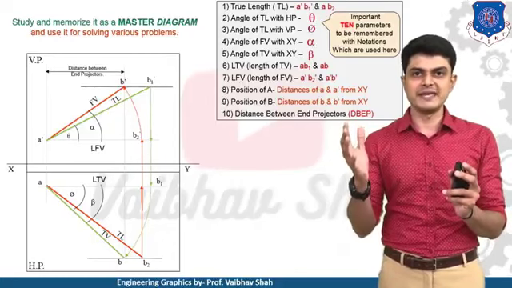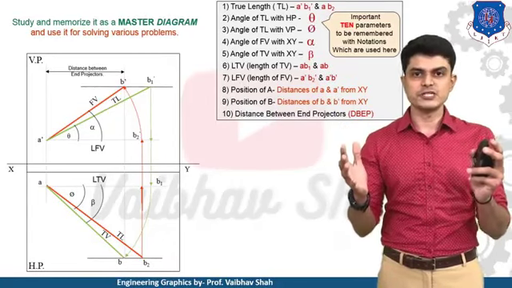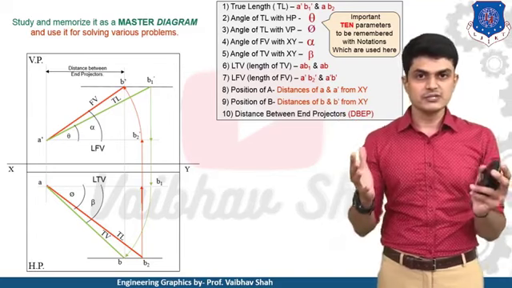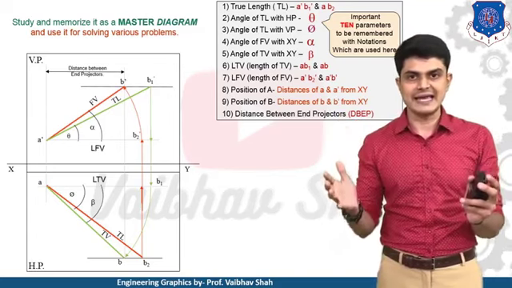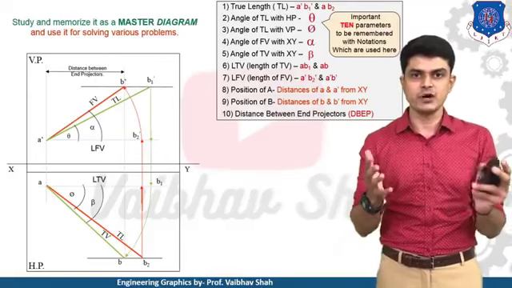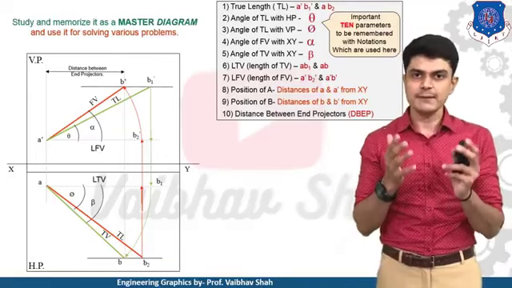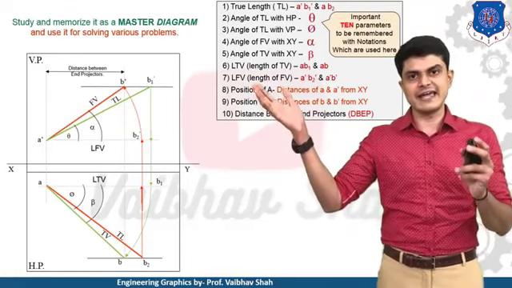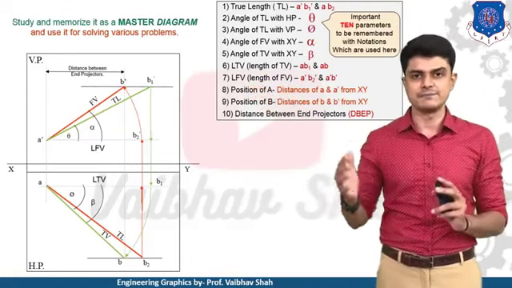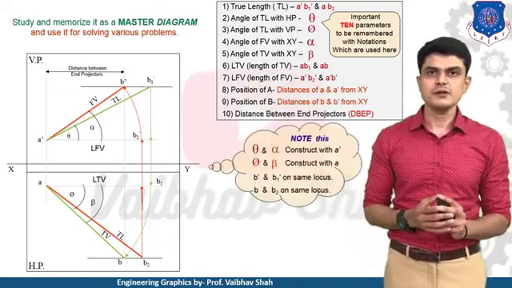So A's projectors would be A dash and A. B's projectors would be B dash and B. So the distance between the A dash A line and the B dash B line would be the distance between end projectors.